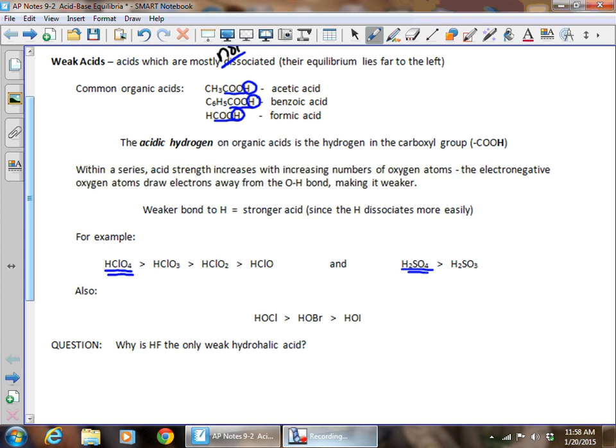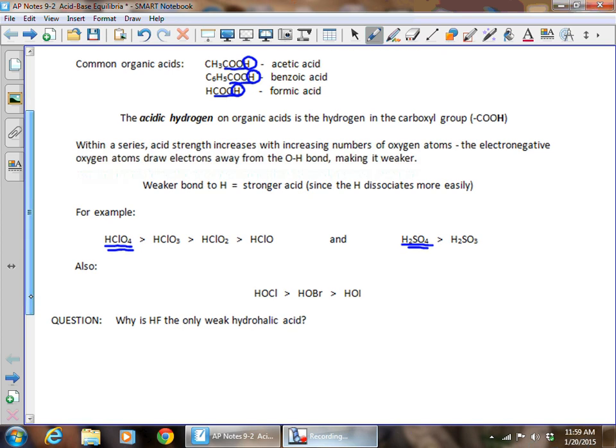And the reason is the more oxygens there are, the weaker the bond is for the hydrogen with the rest of that molecule. And remember, a weak bond to the hydrogen means it's going to pop off easily. That means it's a strong acid because it's the hydrogen ions floating around that make it strong. So the easier it is to pop off that hydrogen, the stronger the acid.